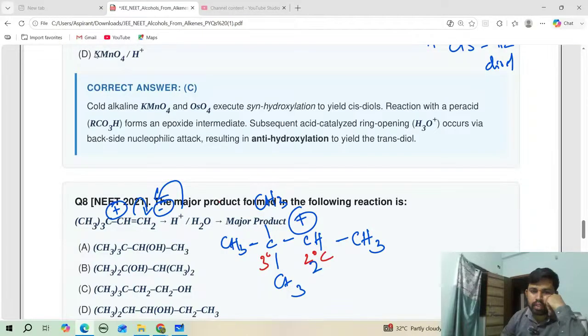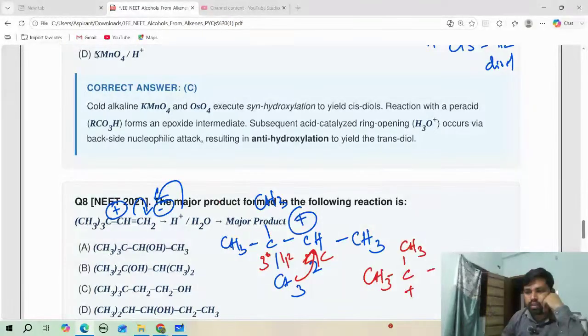Tertiary, right? That's why this 1,2 shift of this methyl group will be there. What is the result here? Sorry, it forms a CH, CH3.